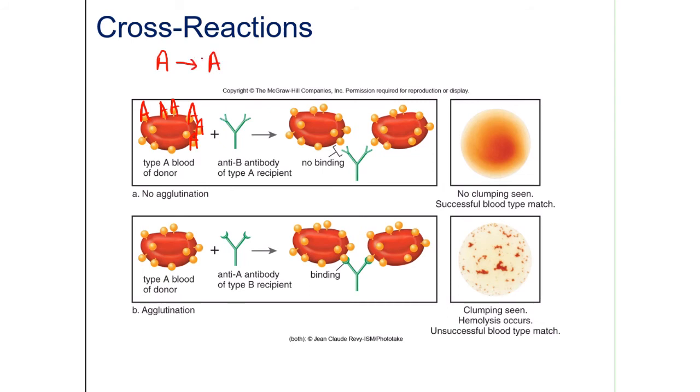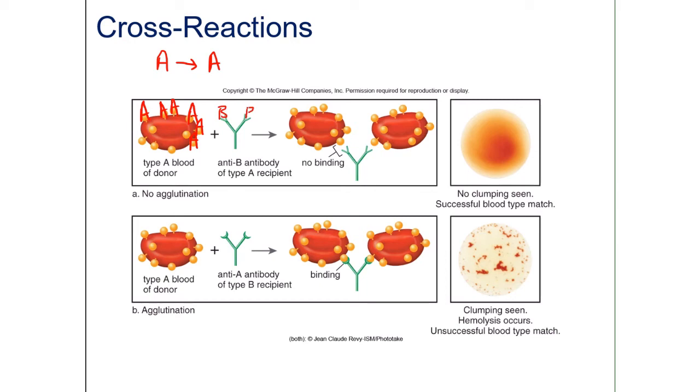So we know this is compatible based on what we discussed, but let's review it quickly again. For a type A recipient, they are going to have anti-B antibodies. So these B antibodies, they have little triangle slots at the ends, and that's not going to fit with the balls, right?